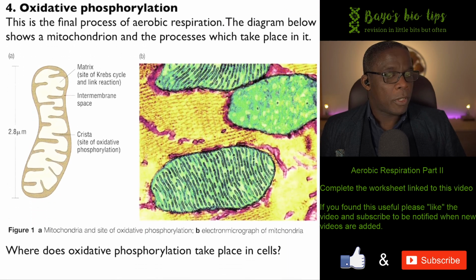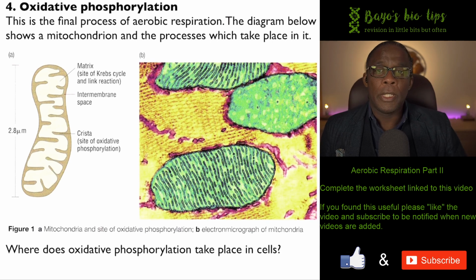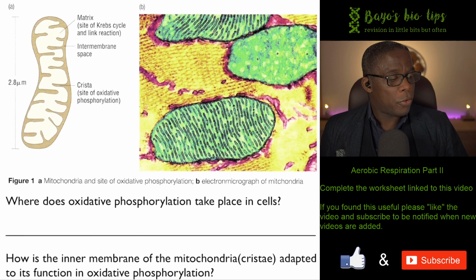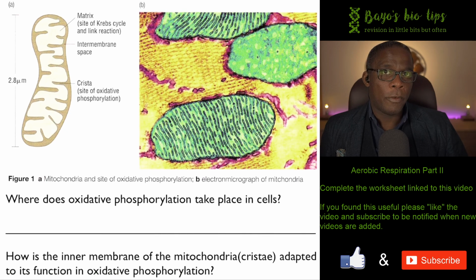So once the Krebs cycle is completed, the last step is a process called oxidative phosphorylation. This is the final main biochemical process in aerobic respiration. This process takes place on the inner mitochondrial membrane, and sometimes that's called cristae, the folds within the inner mitochondrial membrane.